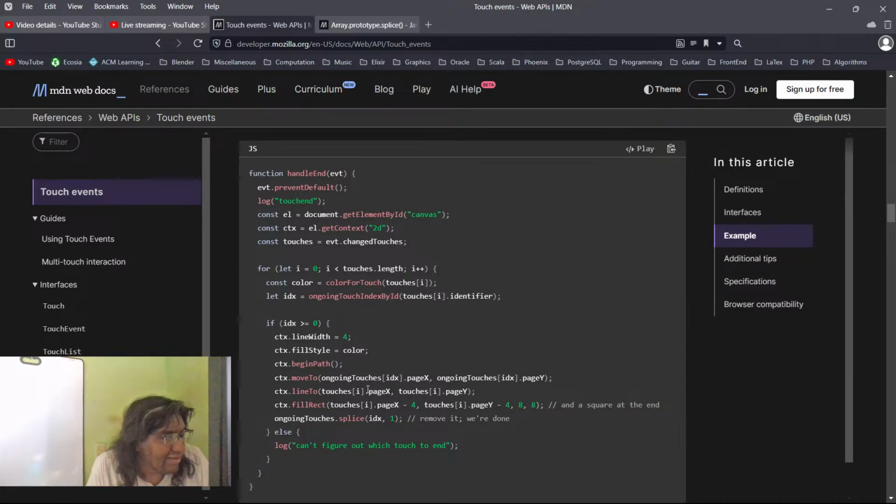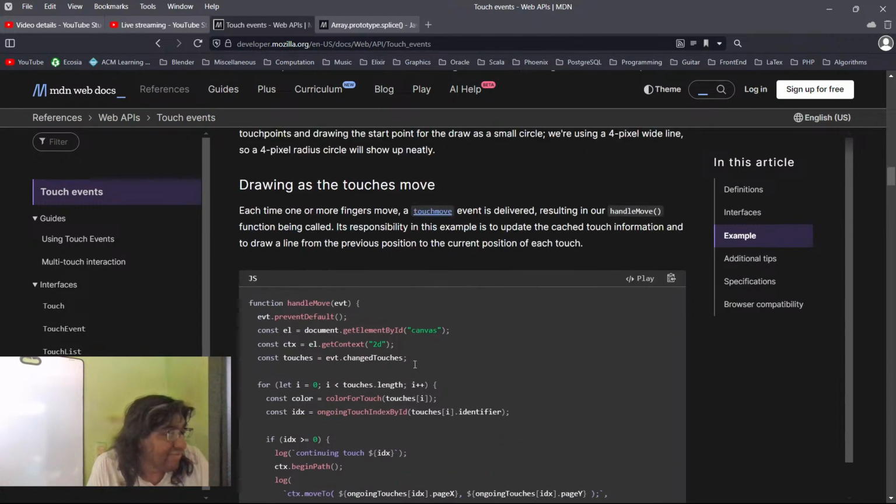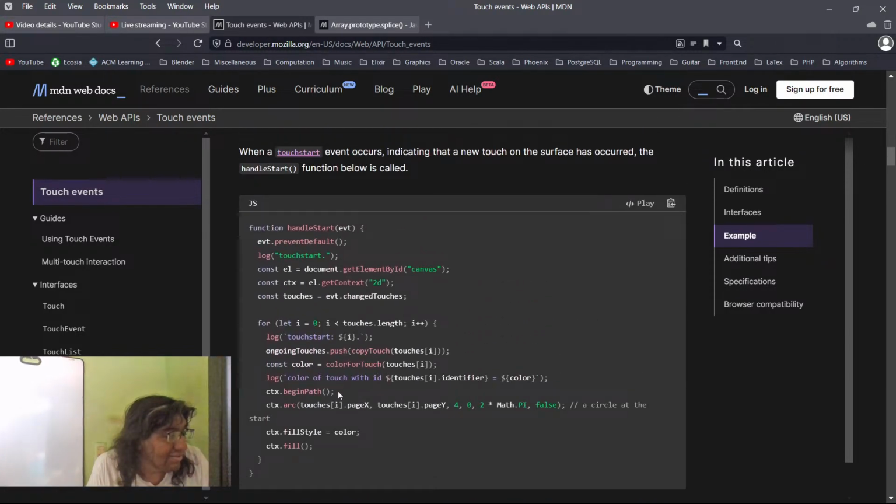So they draw lines in the end event, in the move event, and in the start. This is the circle.